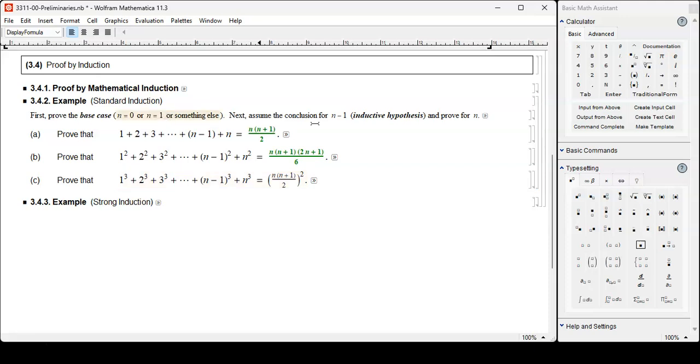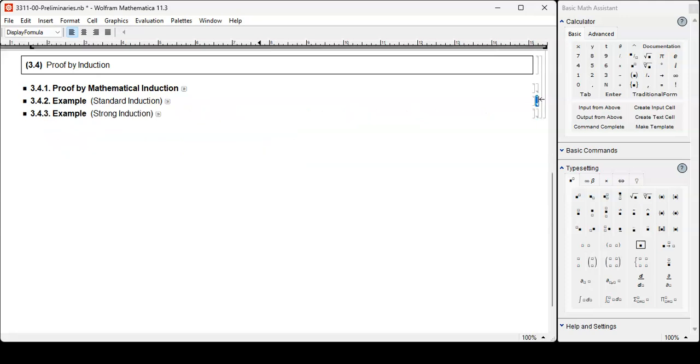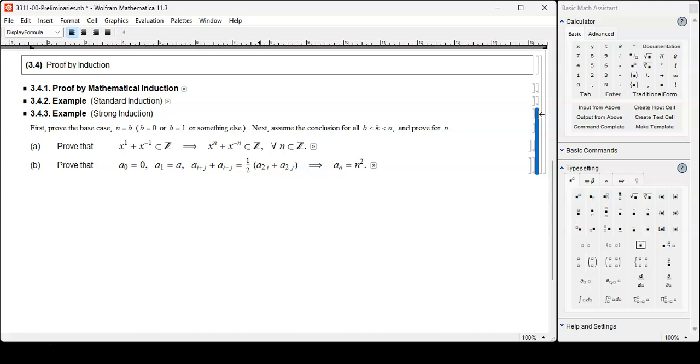Base case, assume for one number, and then prove for the next number. Another way to use the induction is to use strong induction. Assume for the base case. So I use B for base case, and base case is 0 or 1 most typically, but sometimes something else.